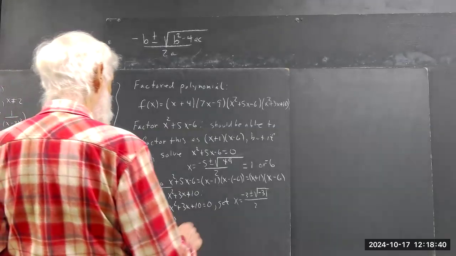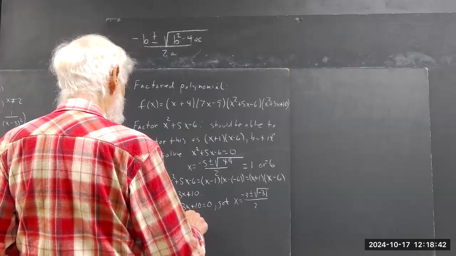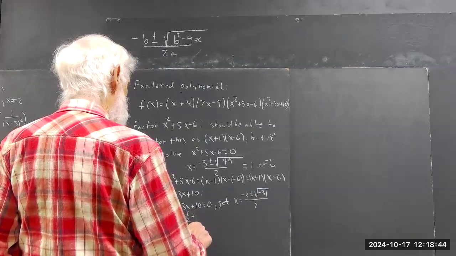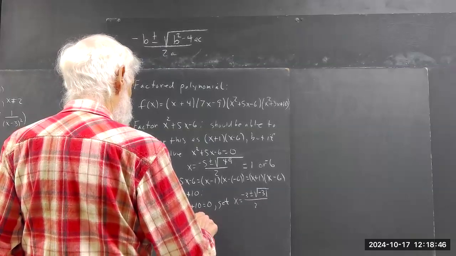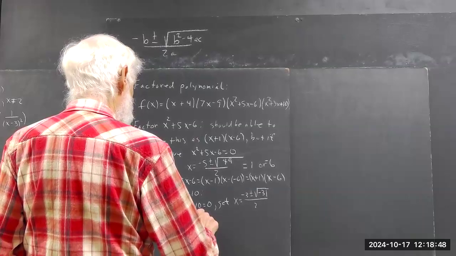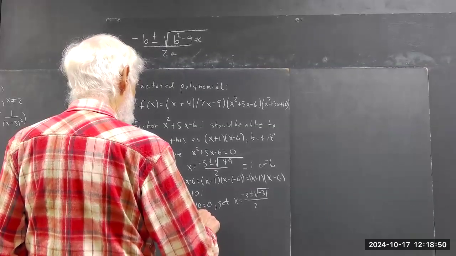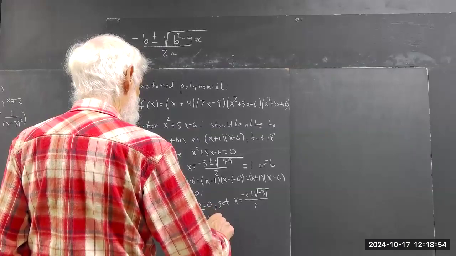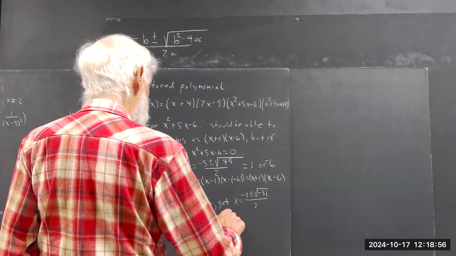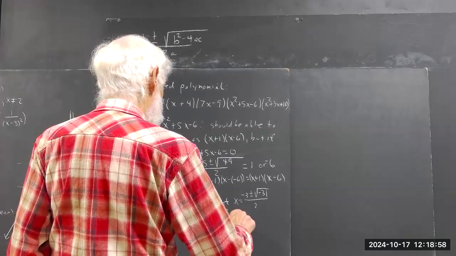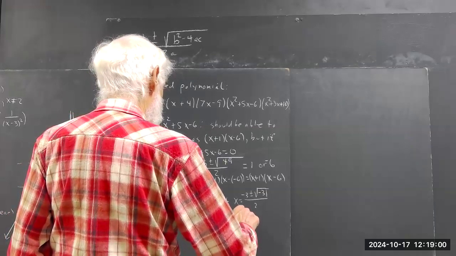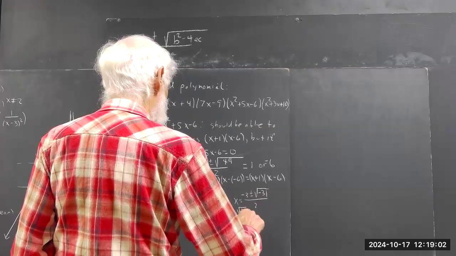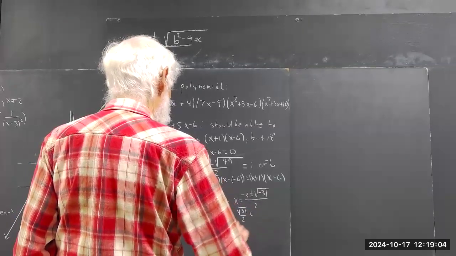Your zeros are then -3/2 plus square root of 31 over 2 times i, and -3/2 minus square root of 31 over 2 times i.